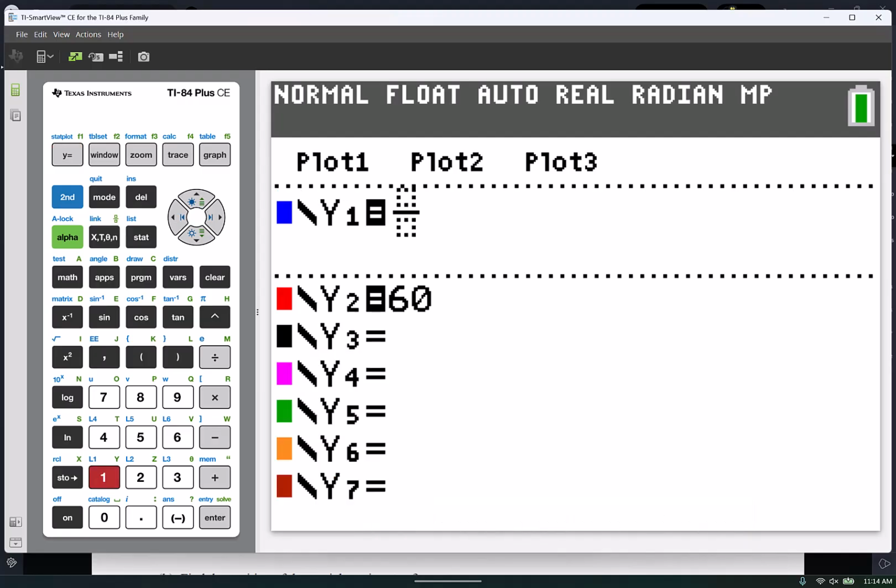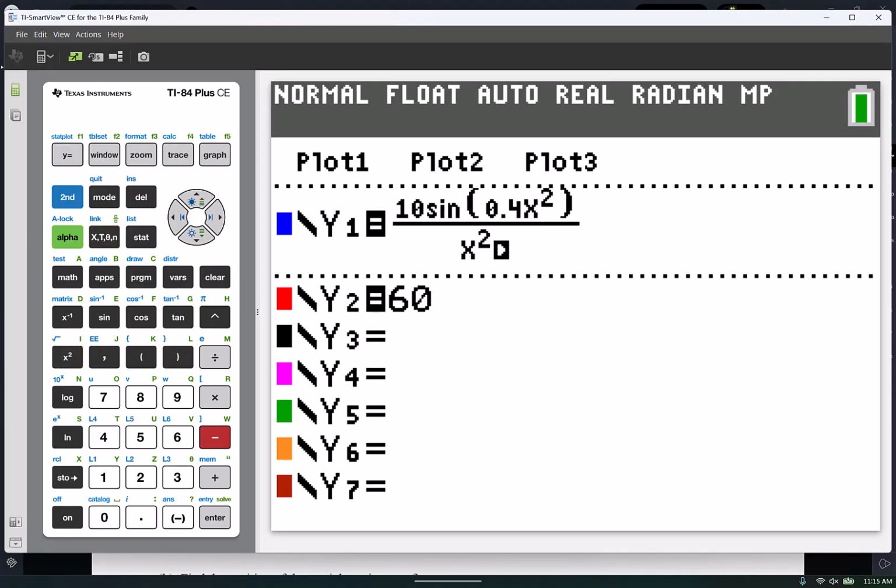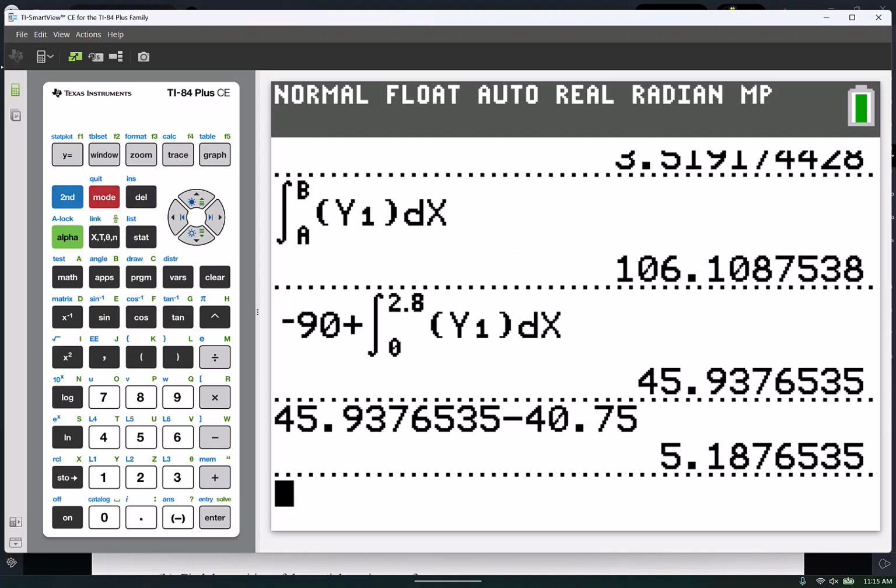And outside. Oh, sorry. 0.4 x squared. You already have it, so you don't have to do that. You just go A of 3 equals, you know what I mean?